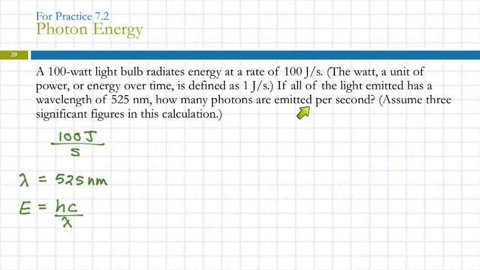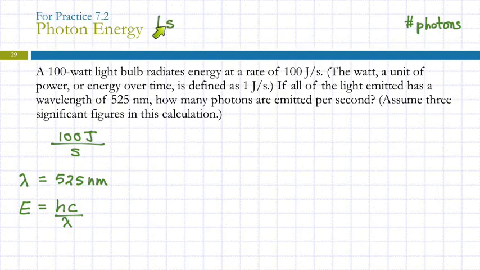We want to know how many photons in 1 second. So I'm going to start working on a path up here at the top. We're starting out with the time of 1 second, and we want to get to number of photons. It's kind of a big mystery what's in the middle here, right?